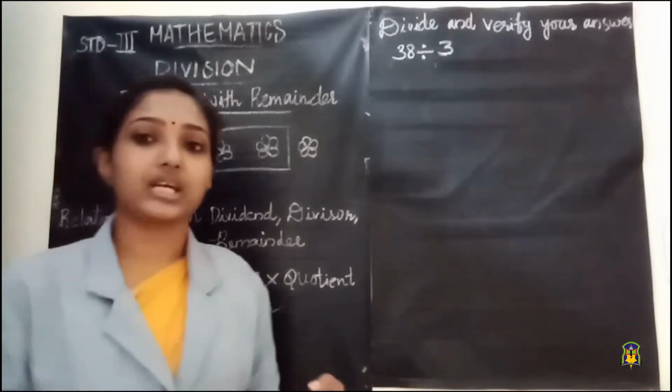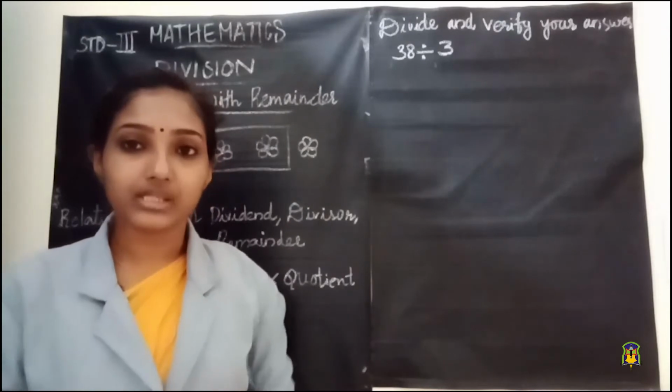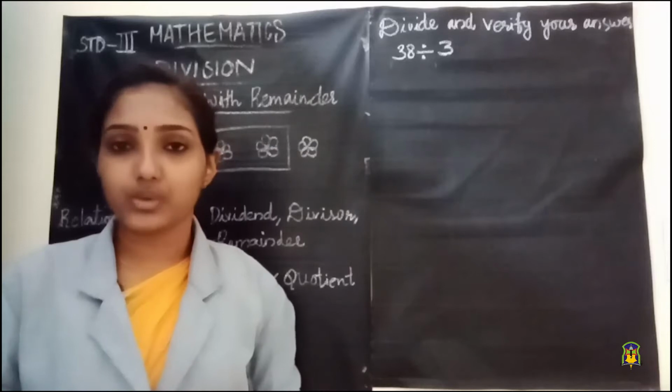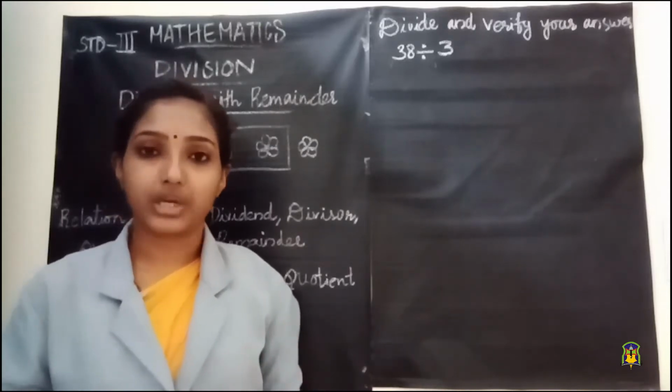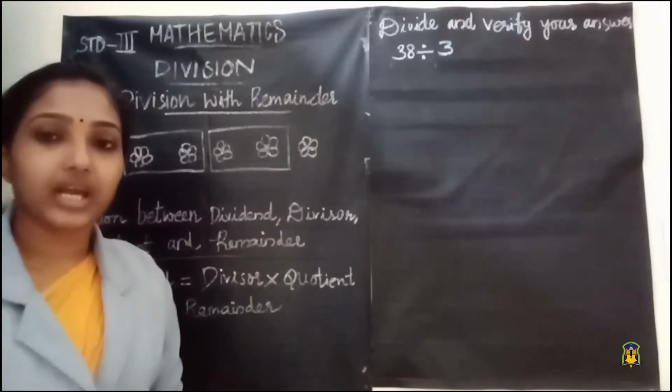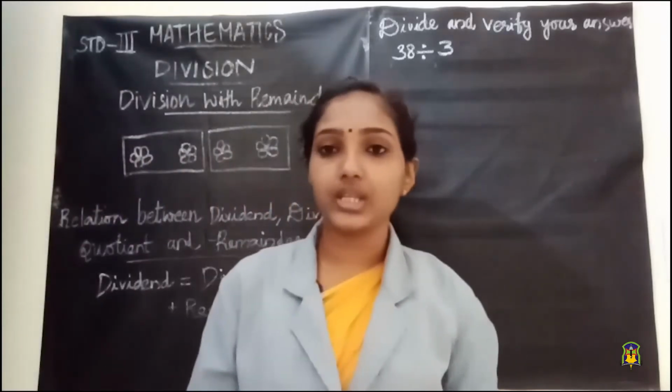In our last class we studied 3 terms in division: dividend, divisor and quotient, and now we have one more term in division, the remainder. And there is a relation between these 4 terms.